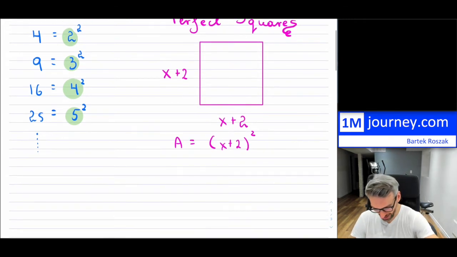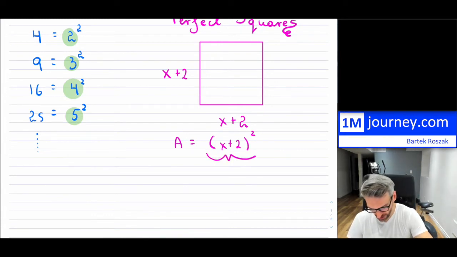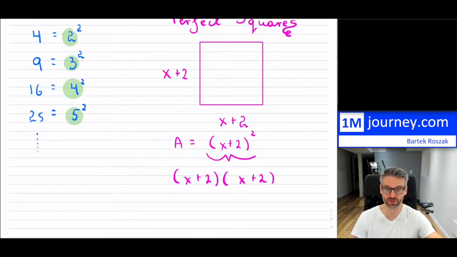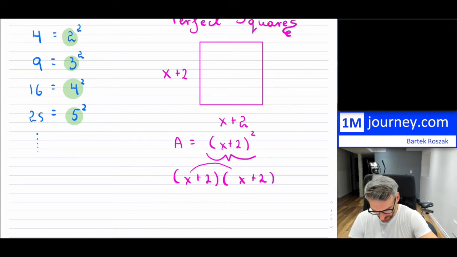Now, I can expand this out. There's a very easy way to expand this if it is simply a perfect square. The square just means that we're multiplying it 2 times, so you can use the distributive property. x times x is x squared, and then I get 2x plus 2x plus 4.